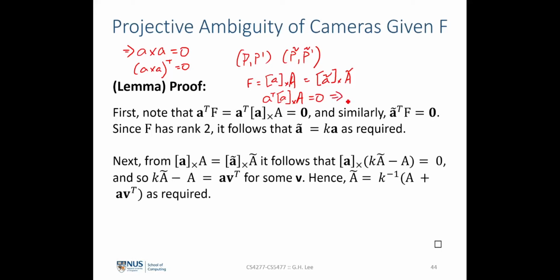This can be rewritten as a transpose F equals 0, which means that a is in the left null space of F.